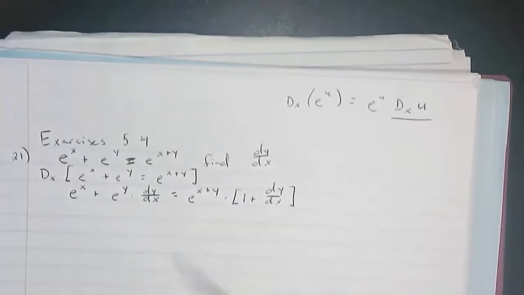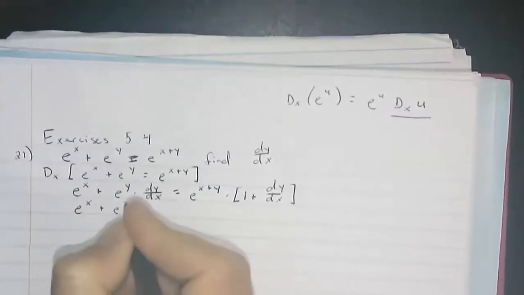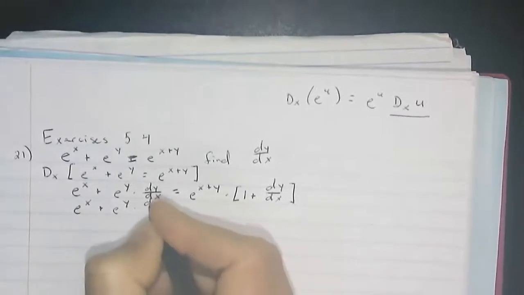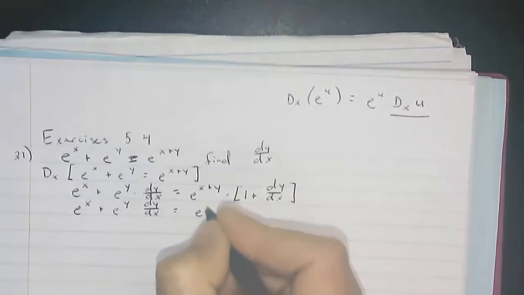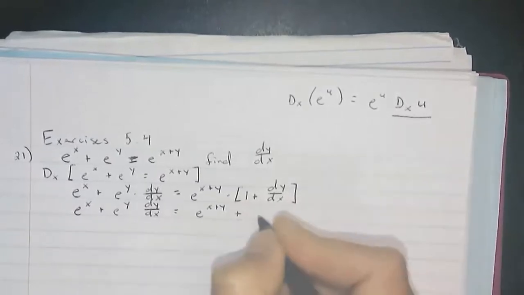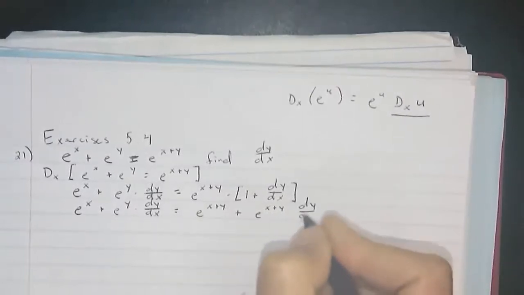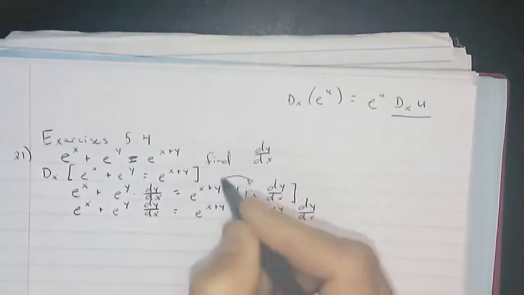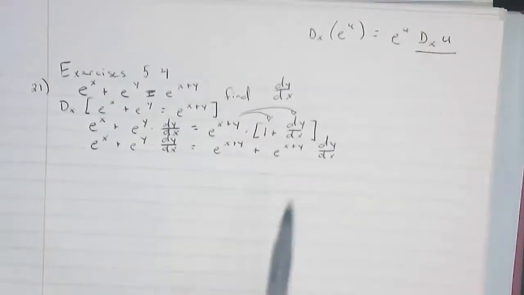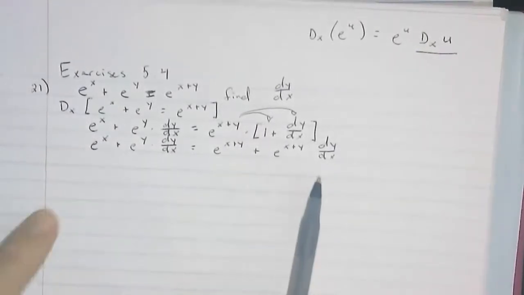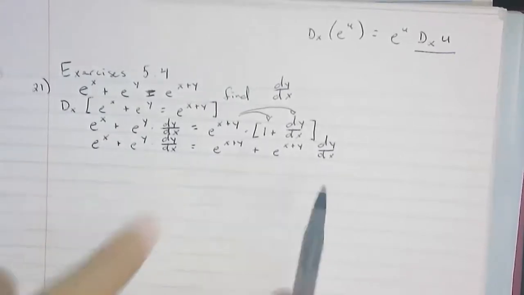So let's distribute and see what happens. e to the x plus e to the y times dy/dx is equal to e to the x plus y plus e to the x plus y times dy/dx, where here I'm just distributing the e to the x plus y. We should probably put the things that involve dy/dx on the same side and put everything else on a different side.